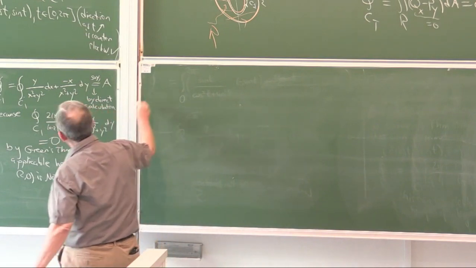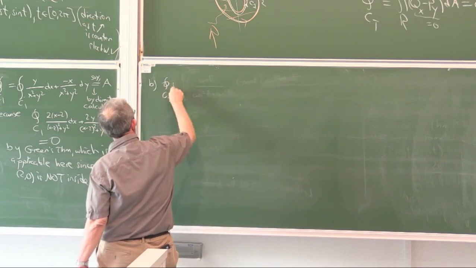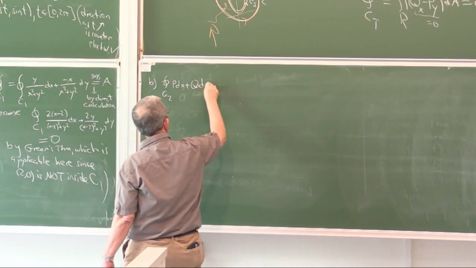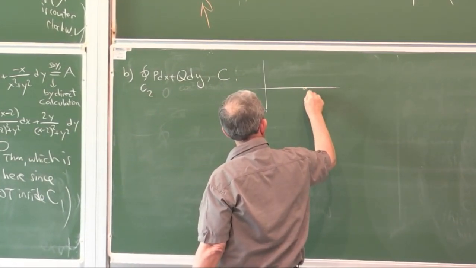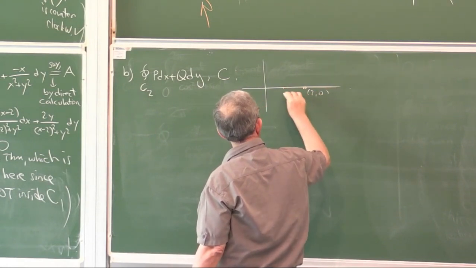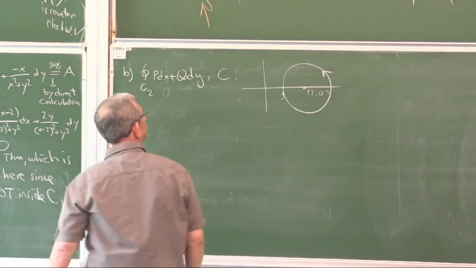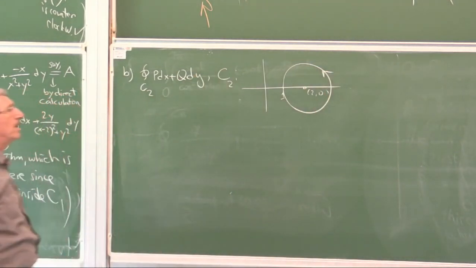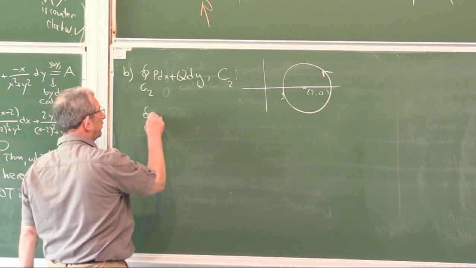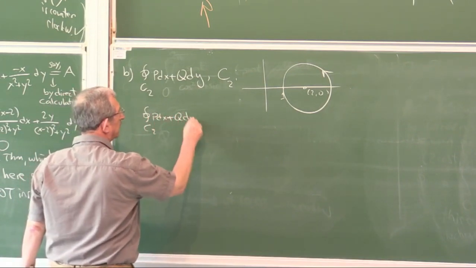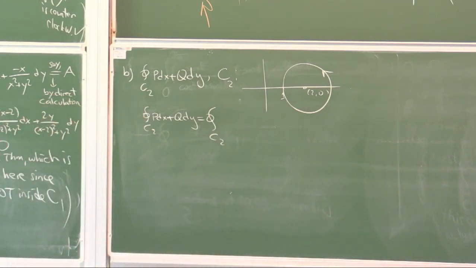Now, as B, let us calculate the integral over C2 of P dx plus Q dy, where C2 is this curve. Now, in this case, of course, P dx plus Q dy is the same as the integral over C2 of the second part.